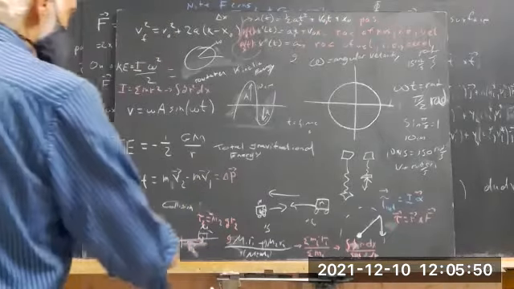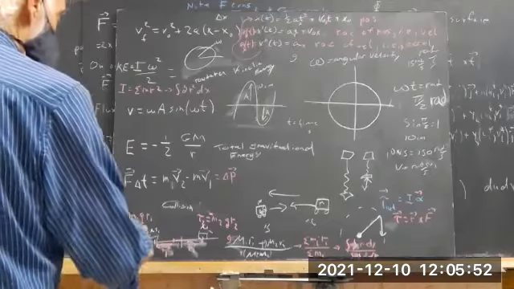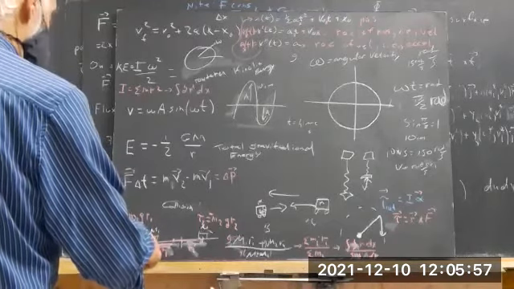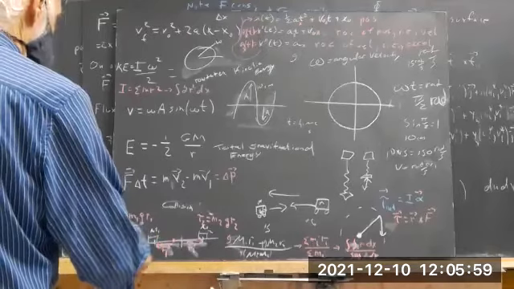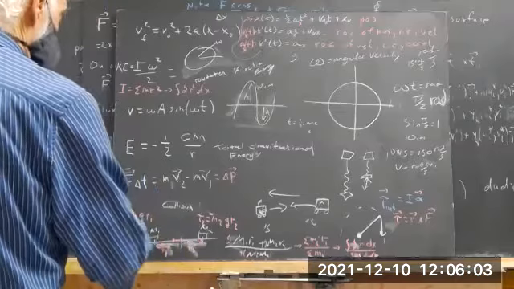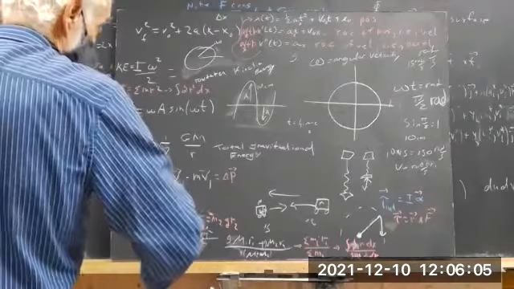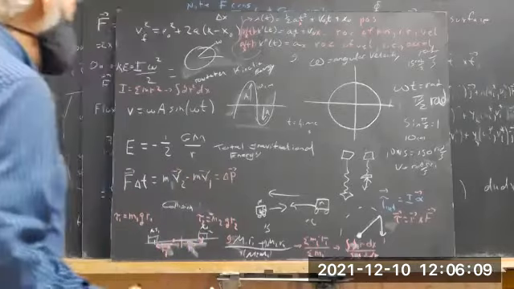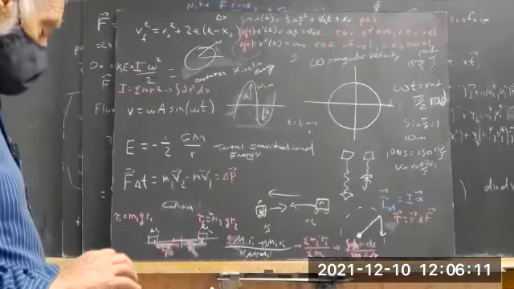Over here, you'd have an r cross another F. If your F is in this direction, then your r cross F would be out here. If it's in this direction, your r cross F would be like this, and you've got to understand the right hand to see that. You've got to have that be second nature. So you really want that.